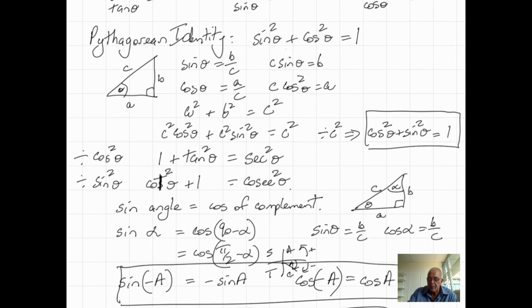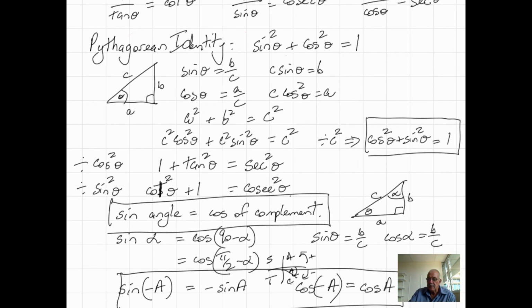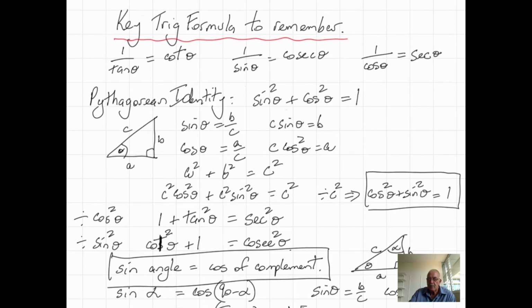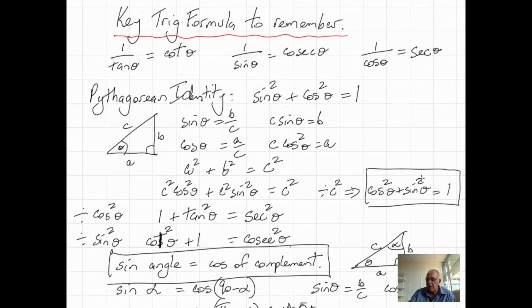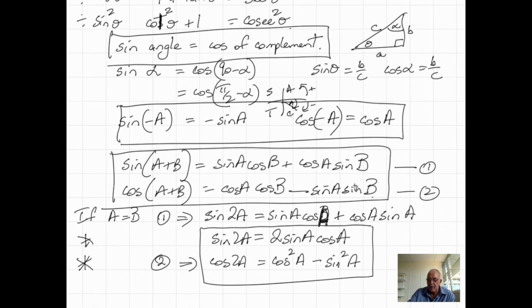We also know the Pythagorean identity up here, and then to be able to develop those. And then the last one is that the sine of an angle equals the cos of its complement. All right, so there's some key trig formula that you need to remember. 1, 2, 3, 4, 5.